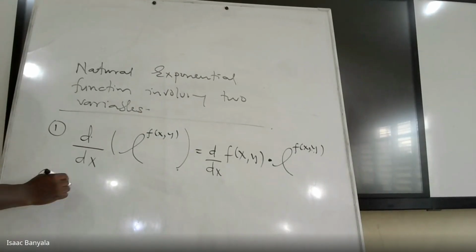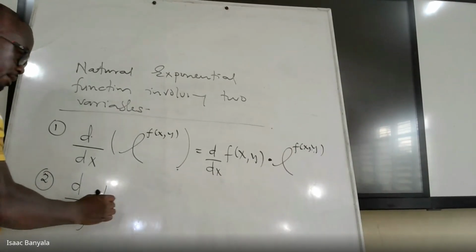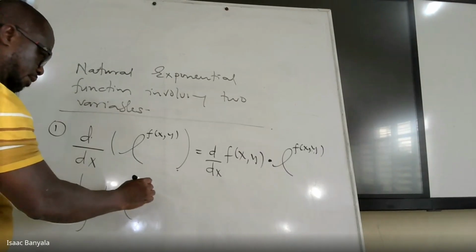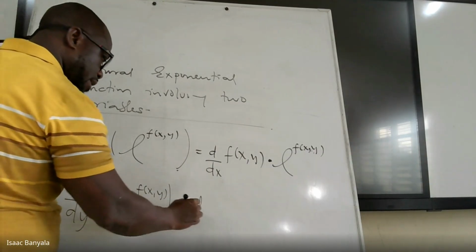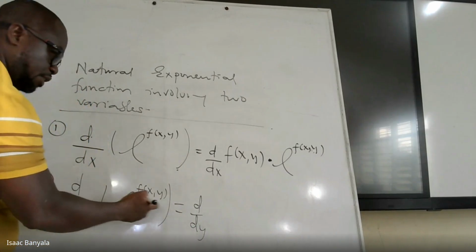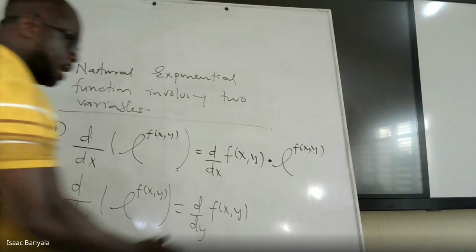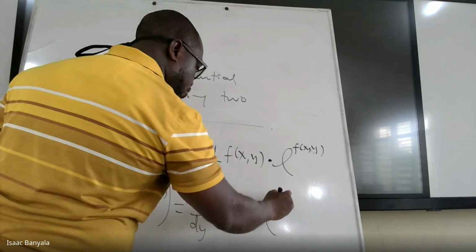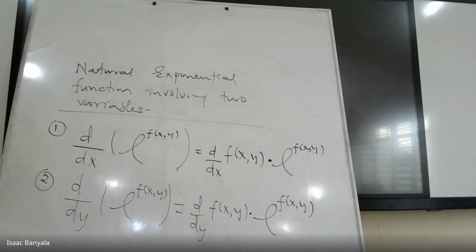The second one is if I'm differentiating with respect to y: I differentiate this function with respect to y, then multiply by the exponential function.